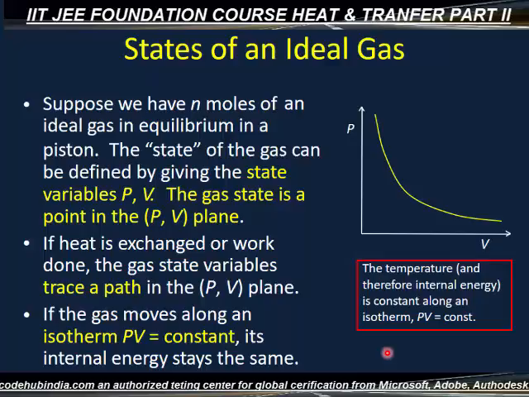The gas state is a point on the PV curve with the values of P and V. If heat is exchanged or work done, heat exchange means the volume decreases or increases, or the temperature decreases or increases, according to the direction of the volume increase or decrease.